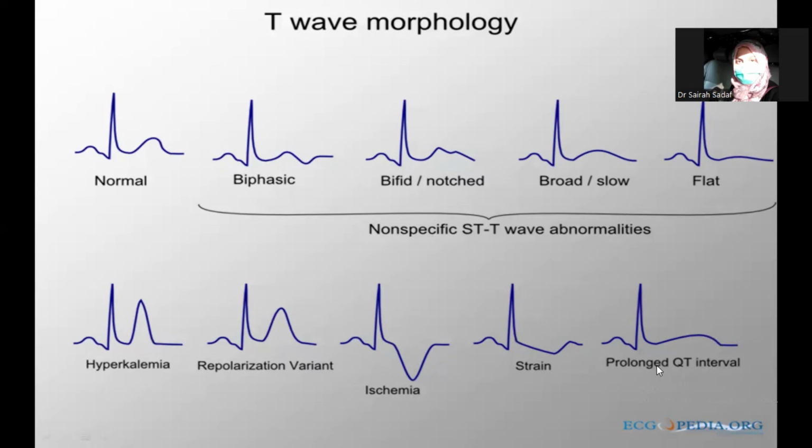Now, this is a very beautiful thing I'm going to explain to you. Let me use my pen here. Okay. So, we all know that when we say the T wave is inverted, it looks like this. It's a T wave inversion. This is the T wave. It is inverted, right?